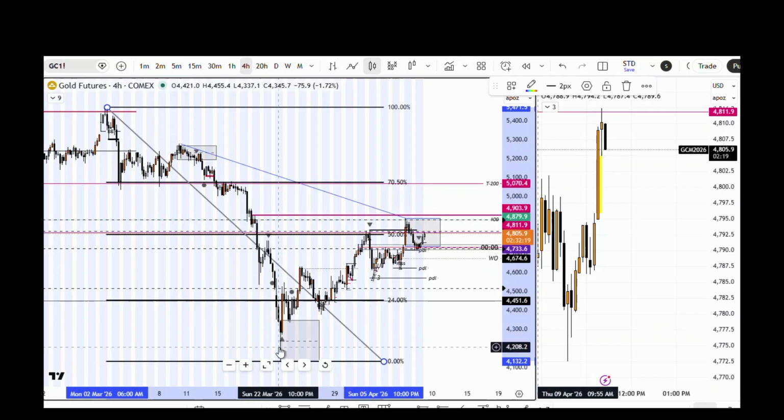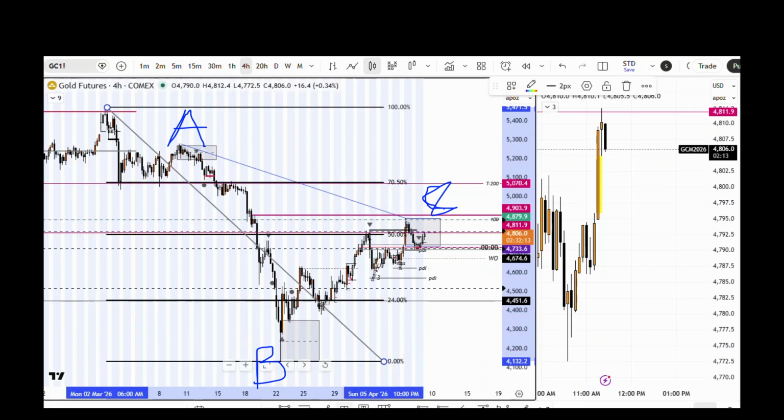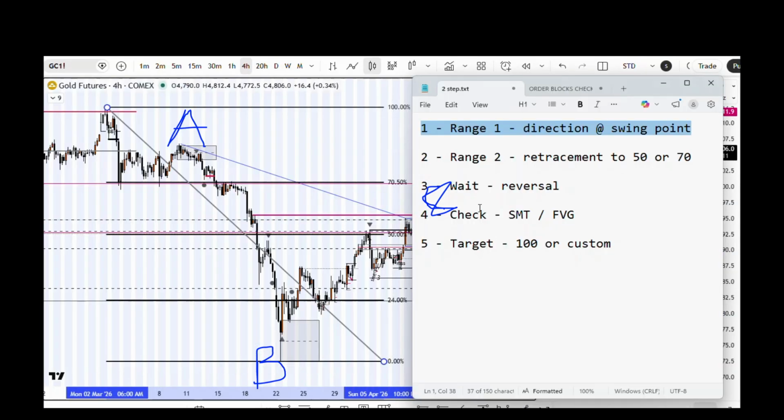This point, which is, you can label this point A to B. Now, this point to this point is my range 2. So this is my retracement leg. Now, what I want to see is price go into the 50 or 70 fib level.